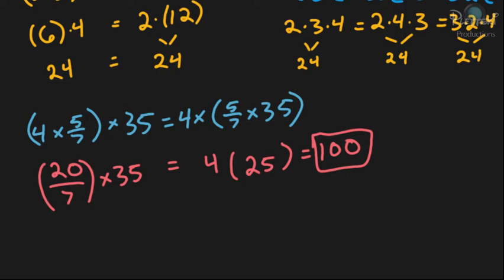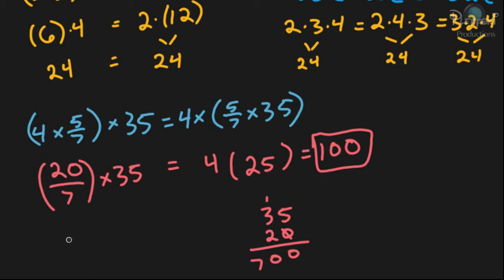We'll do 35 times 20. Well, 0, we can just bring that down to a 0. 2 times 5 is 10. And 2 times 3 is 6. Plus 1 is 7. So 20 times 35 is 700.